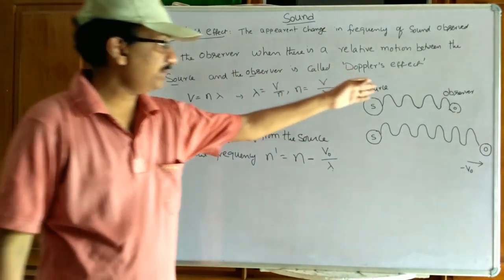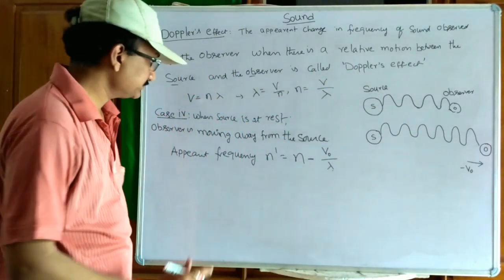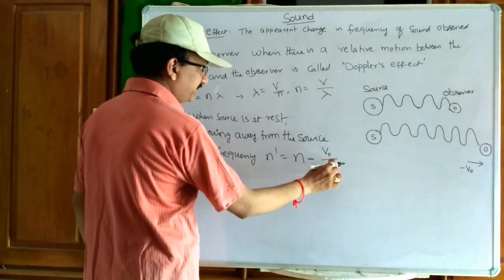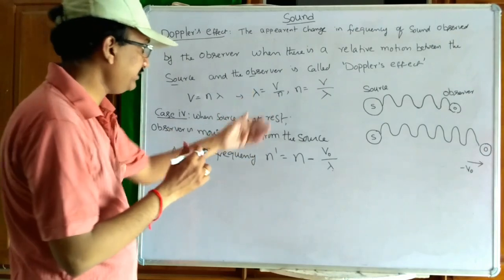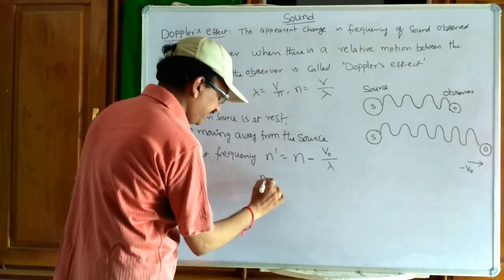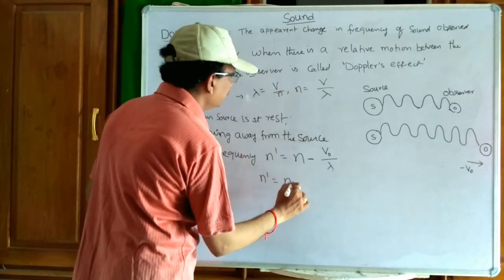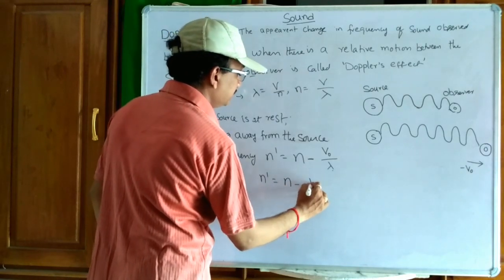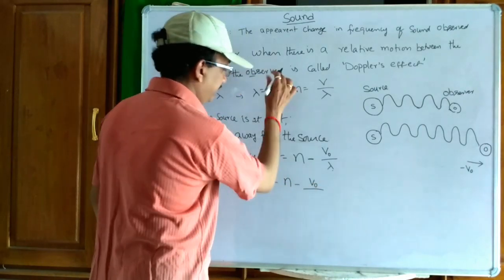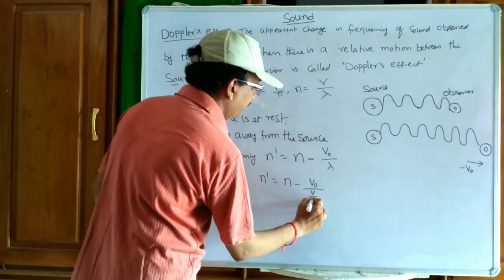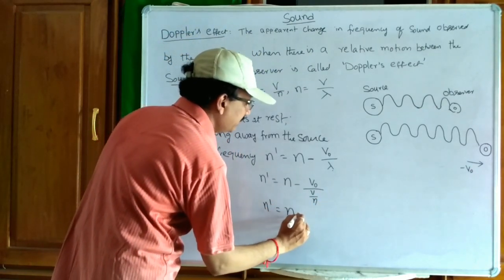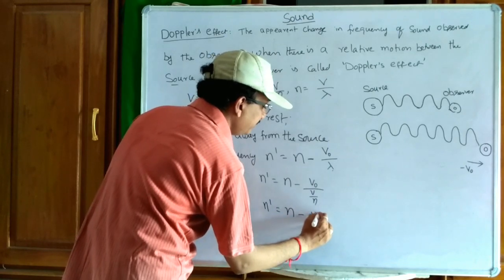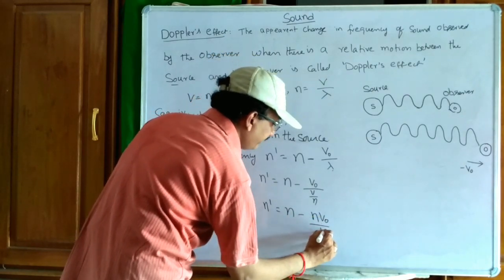The wavelength is the same here and here. Now replace wavelength in terms of velocity of sound in air and frequency. That means n dash is equal to n minus V naught by, whole divided by V by n. Then n dash is equal to n minus n V naught by V.